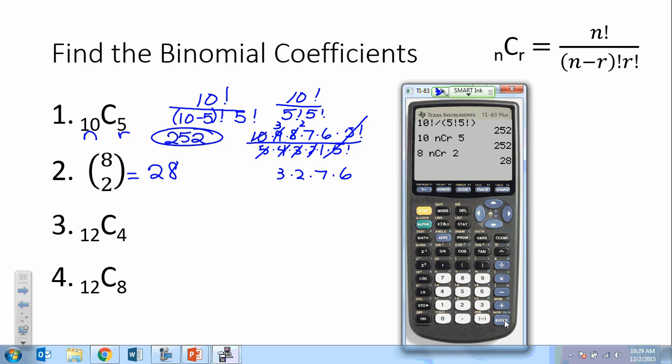Okay. 12C4. Just different notation. You have a newer calculator than the one that I'm emulating. Exactly. Tell me what you're putting in.